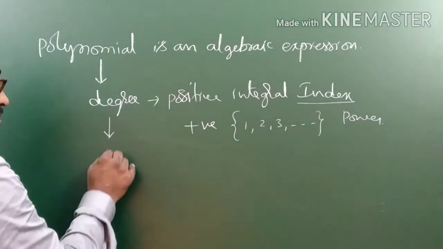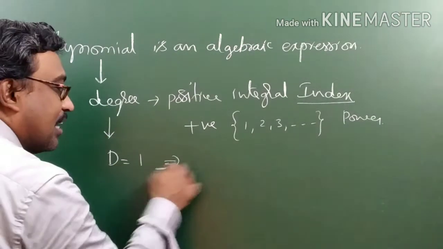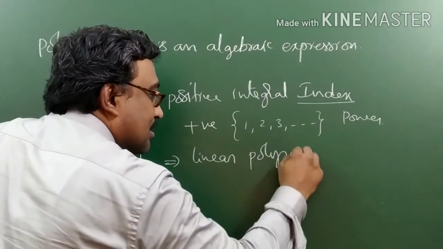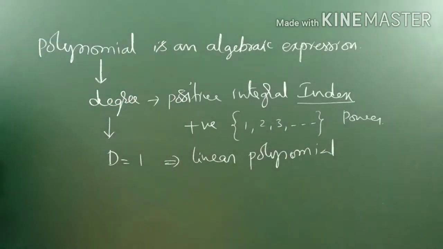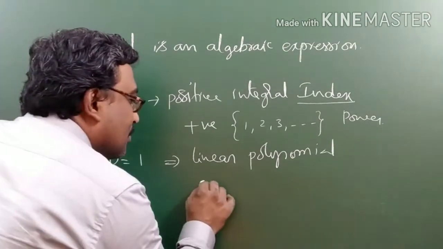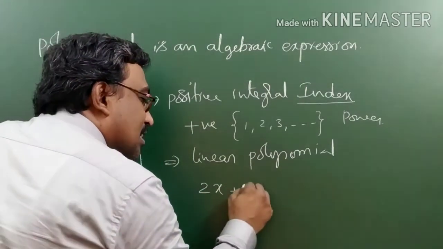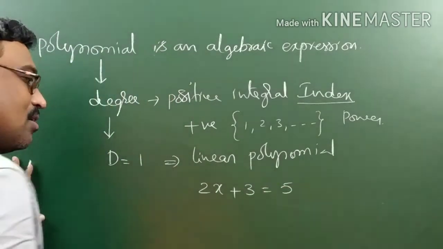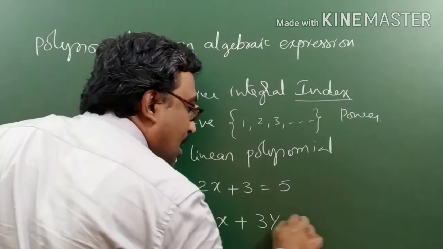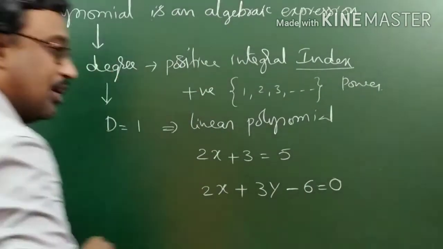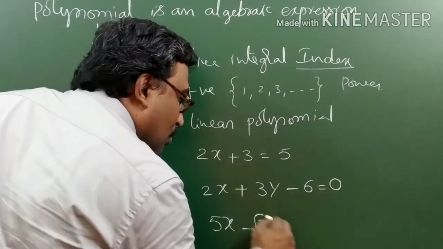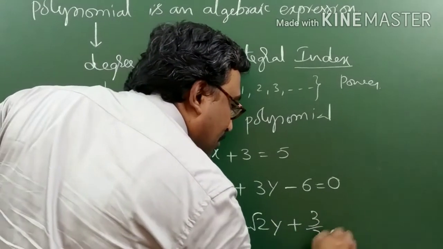If the degree is 1, the type of polynomial is a linear polynomial. What are examples of linear polynomials? Say 2x plus 3, or else 2x plus 3y minus 6, or one more, 5x minus root 2y plus 3 by 2z.